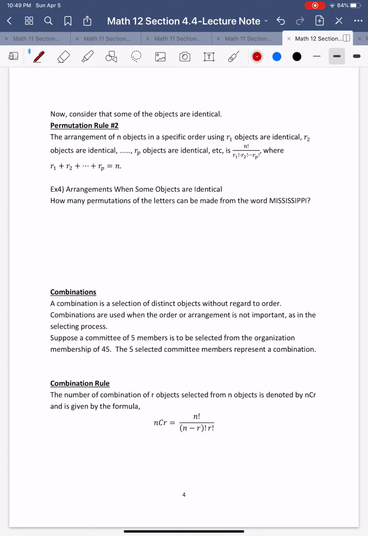So Mississippi has 1 M, and then 4 I and 4 S, and then 2 P's. So the total number of letters in Mississippi is 11.